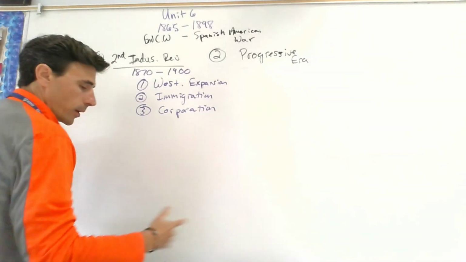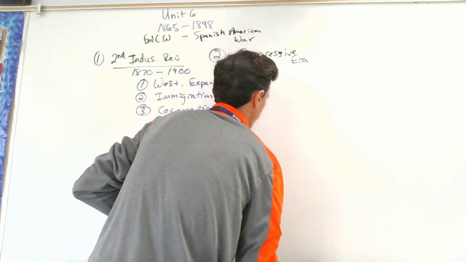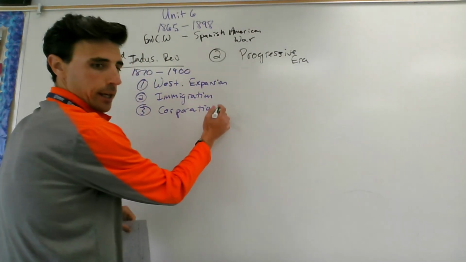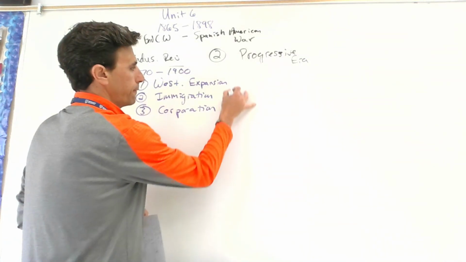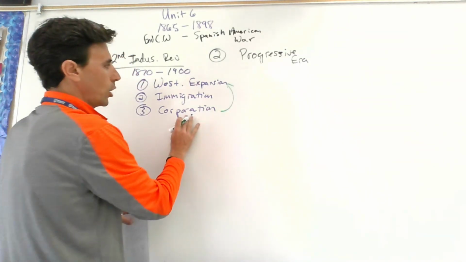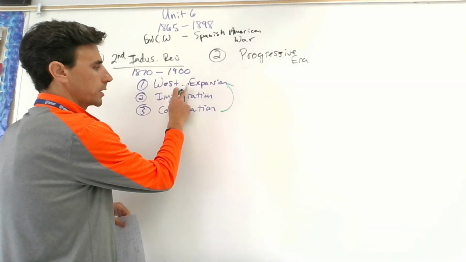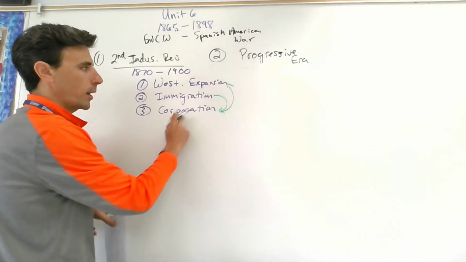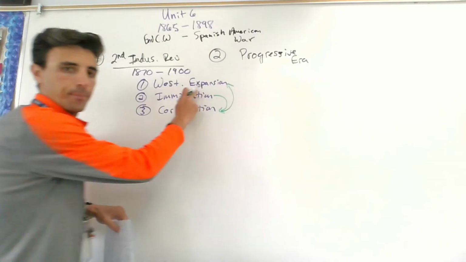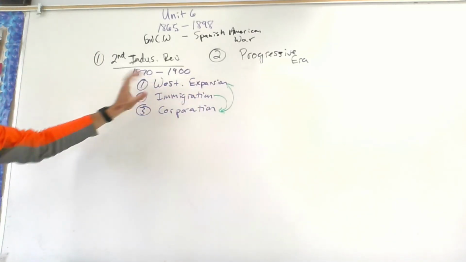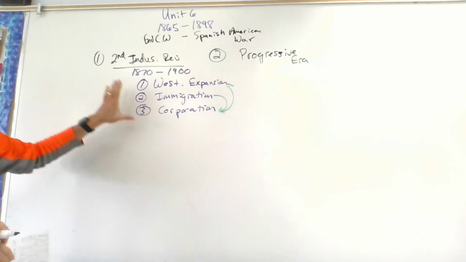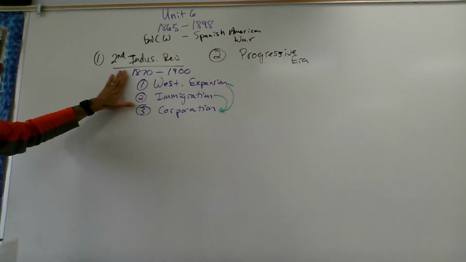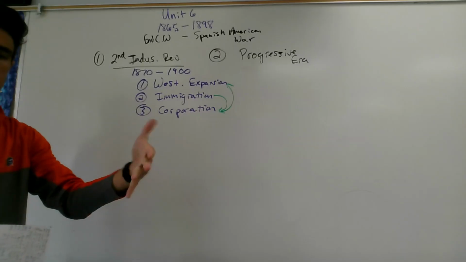The corporation is living off the resources from westward expansion, and all of the immigrants are working for the corporation. This is the heart of why and how the second industrial revolution was possible.